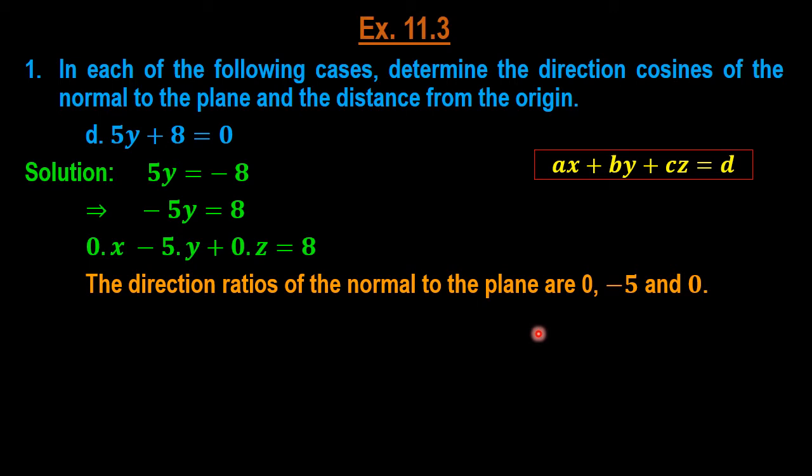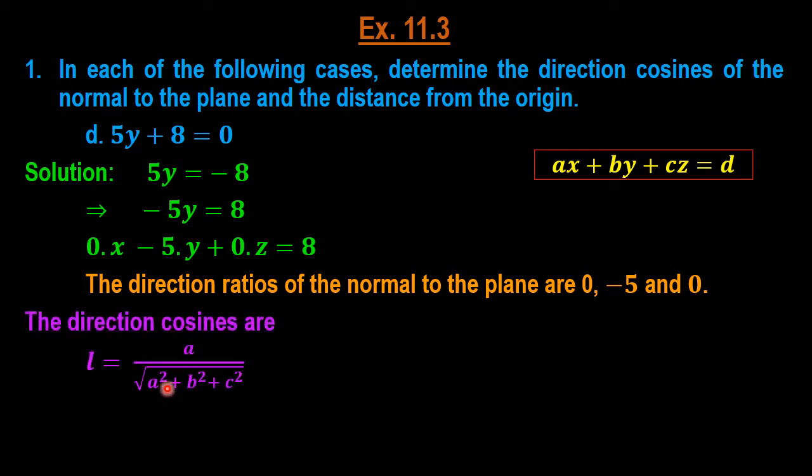And using the relation between the direction ratio and direction cosine, l equals a by under root a square plus b square plus c square. The values of a, b, c are 0, minus 5 and 0. So after putting the values of a, b, c, we get 0. So the first direction cosine is 0.